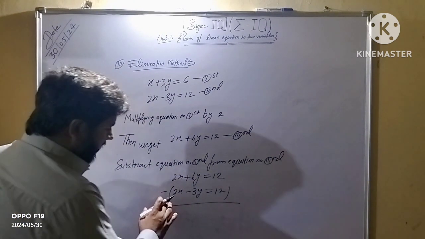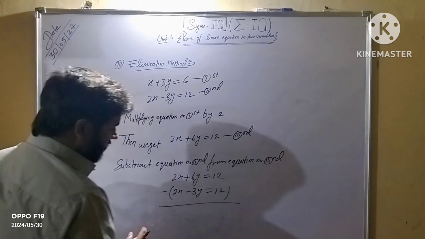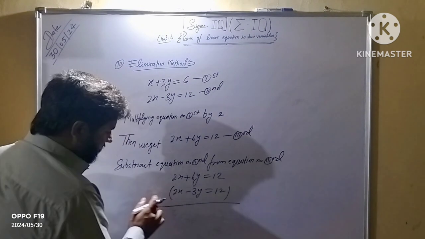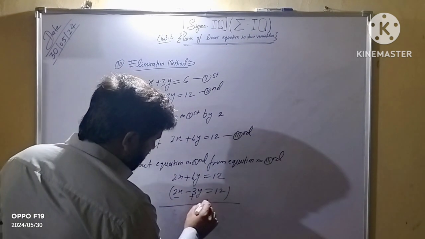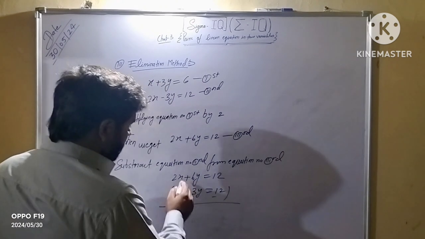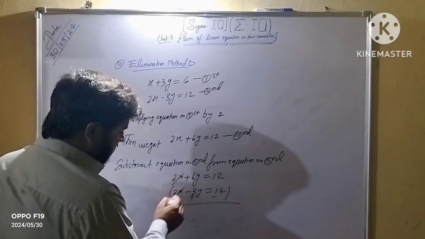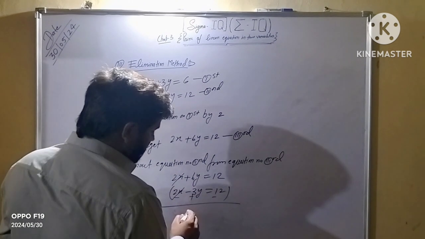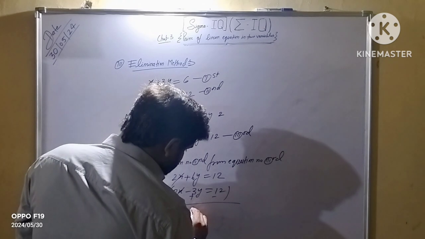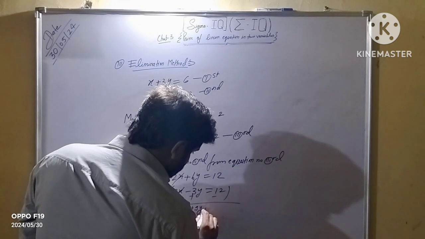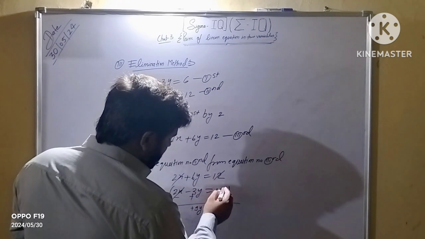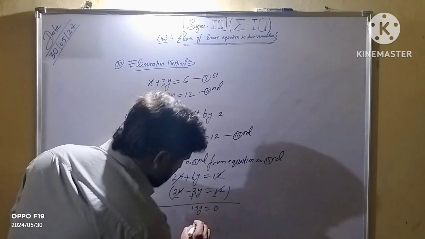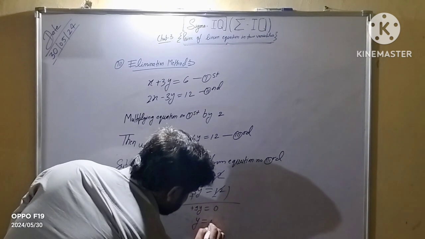Okay, after opening this bracket, all the signs are changed. Minus plus minus plus, 2x minus 2x cancel out, plus 6y minus 3y, minus plus, 9y. Plus 12 minus 12 cancel out. Now y equal to 0.